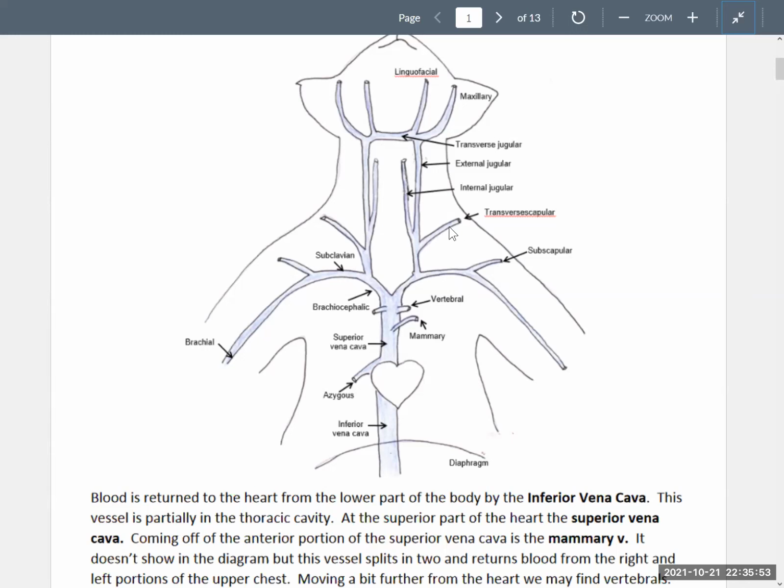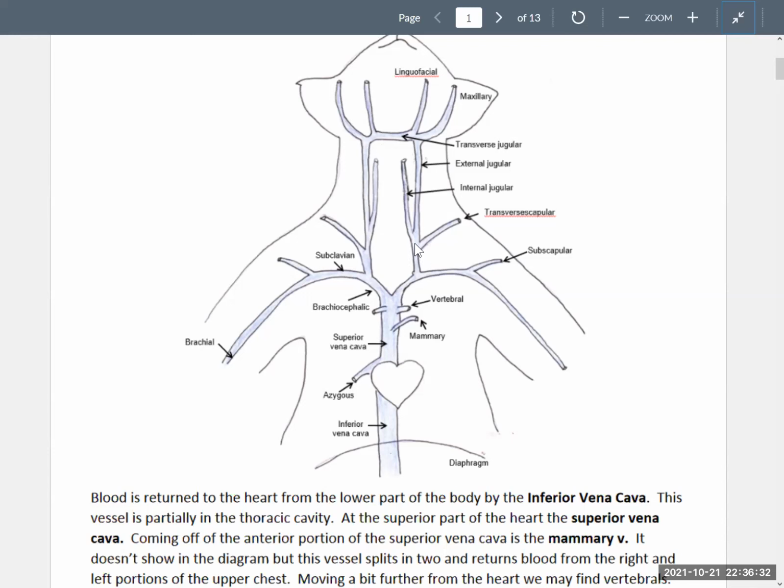This goes to the dorsal side, this goes to the ventral side. This is a flat piece of paper, and so the drawing is flat. However, the transverse scapular actually dives downward along the side of the trachea to get to the scapula, which is on the back, of course. Again, we have to put everything together. Can't just look at a drawing. We need to look at photographs as well.